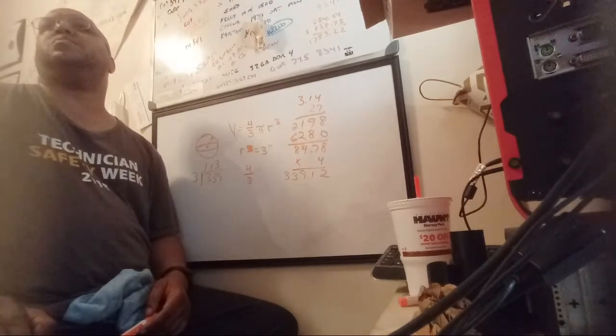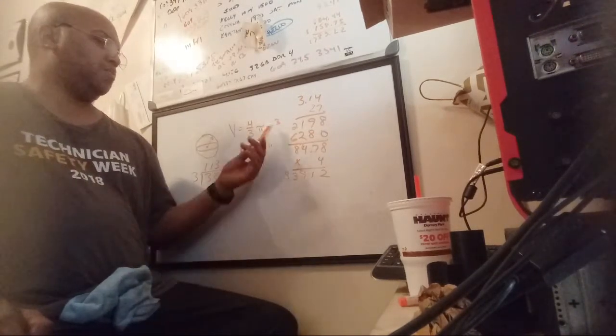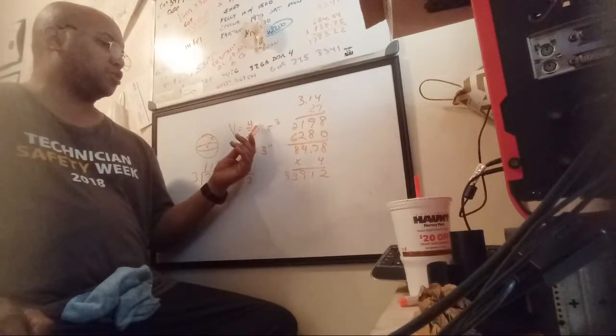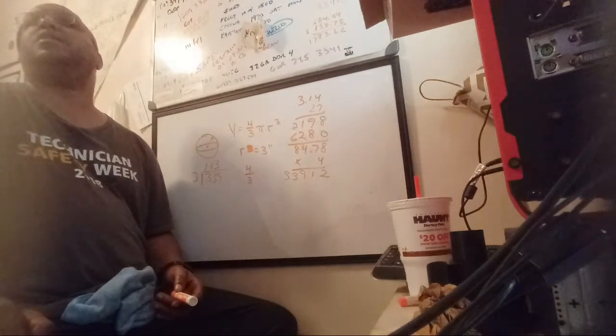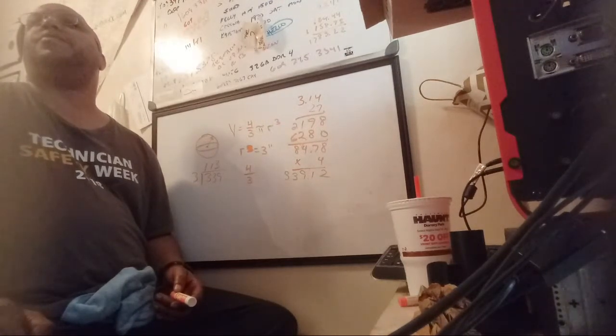Right? Yep. Cube, multiply by the 4, and then divide by 3. That's actually 8. It's 84.78 times 4.